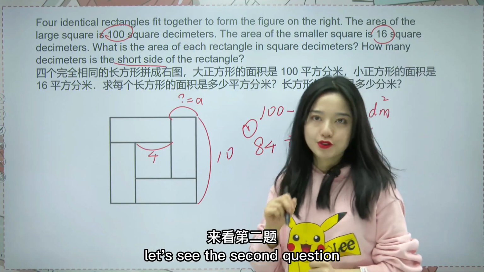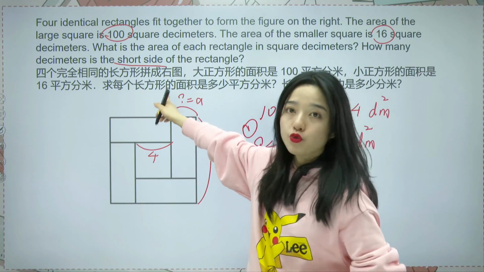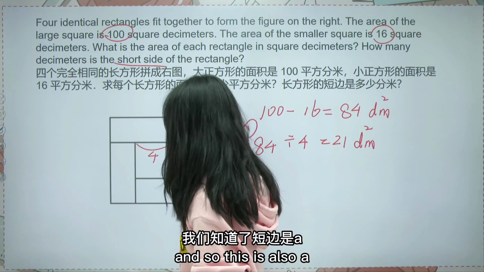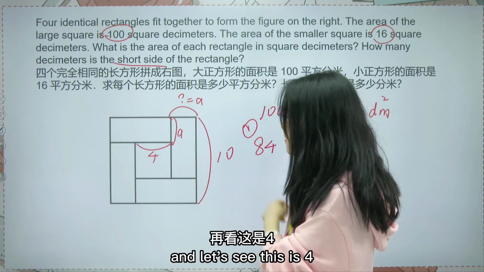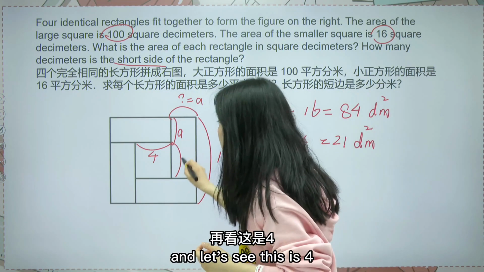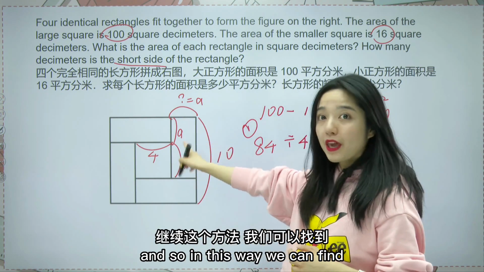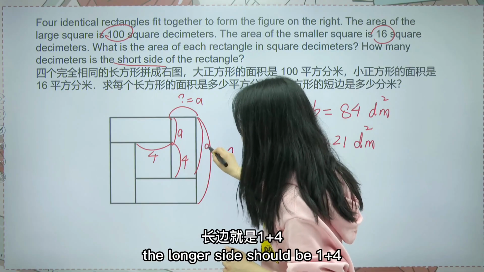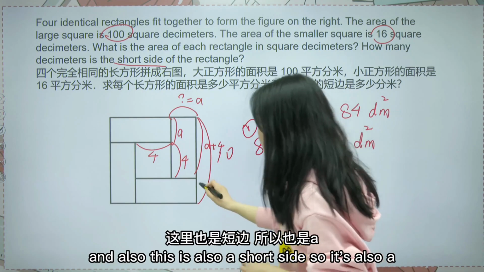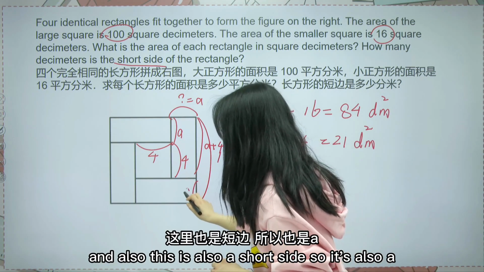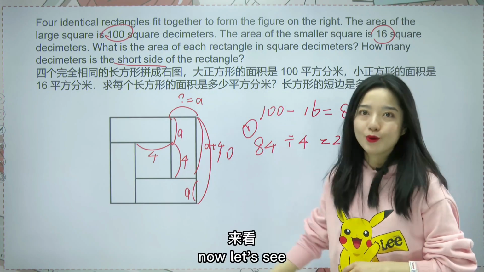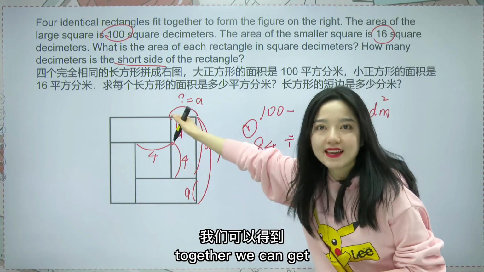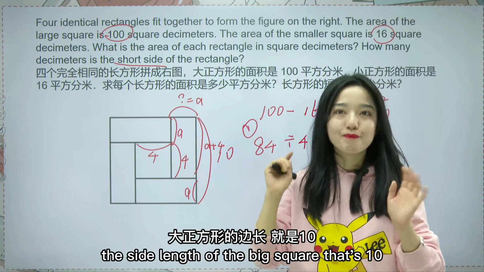Let's see the second question. We know the shorter side is A now, and so this is also A. And this is 4, so in this way we can find the longer side should be A plus 4, and this is also a short side, so it's also A. Now if we add the longer side and the shorter side together, we get the side length of the big square.